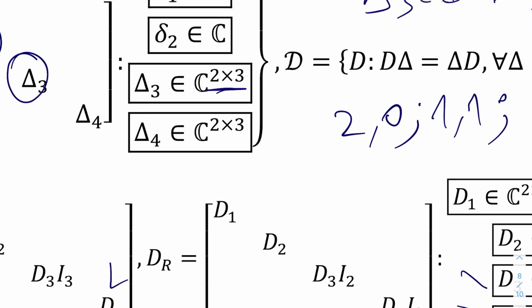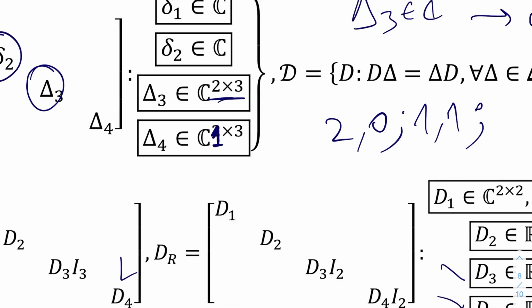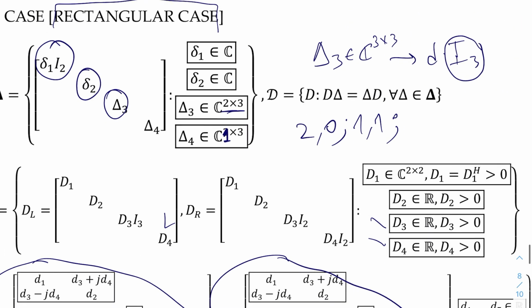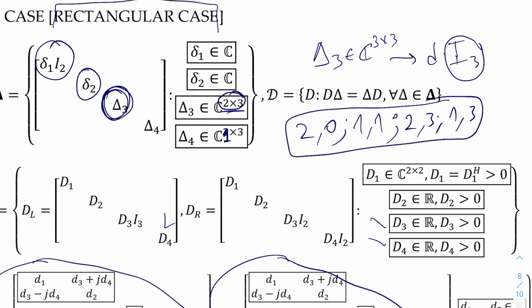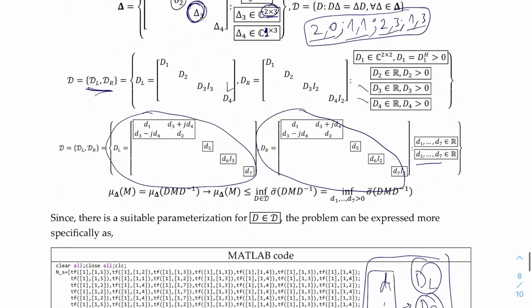Let me correct that. That was a mistake, I'm sorry. And this is delta 3, and this is just 2 comma 3. And this is 1 comma 3.